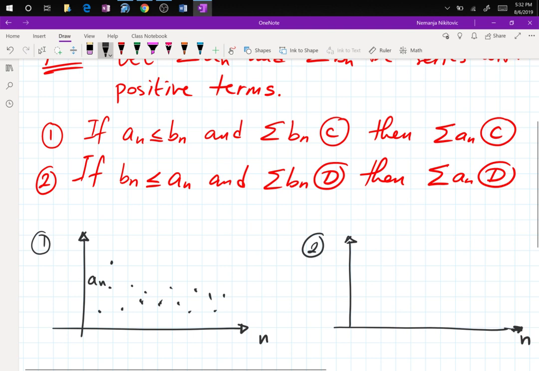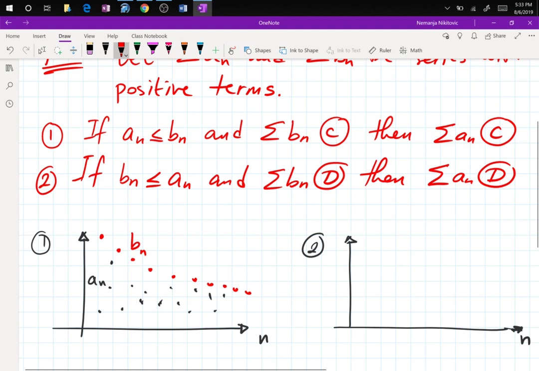If you want to do the comparison, the question is, can you find a convergent series bn that is bigger than an? So every point of bn is higher in value than the corresponding point of an, which means that bn cannot be crossed by an.